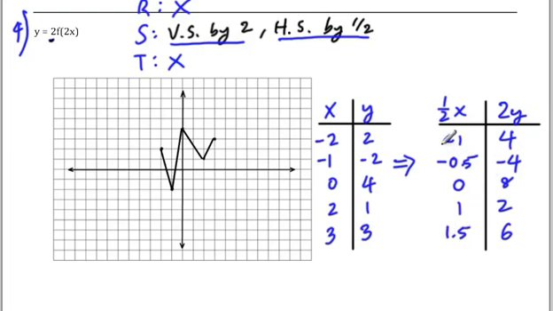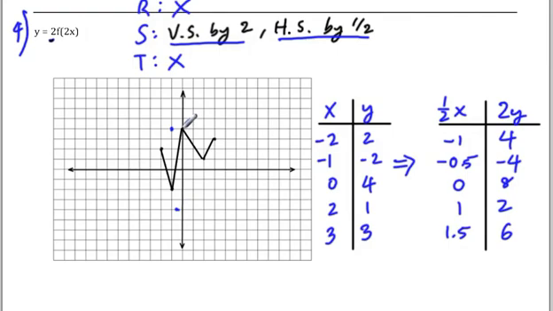So all we have to do now is plot these set of points. So it's negative 1, 4. So negative 1, 4 will be right there. Okay. Next one is negative half, negative 4. So negative half, and then negative 4 is right there. Just being as careful as I can. 0, 8.